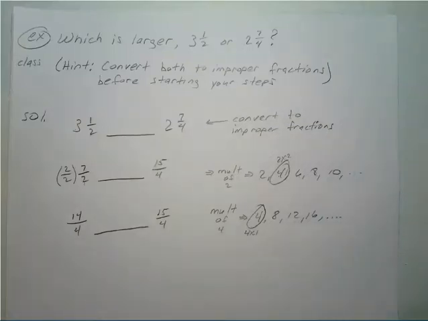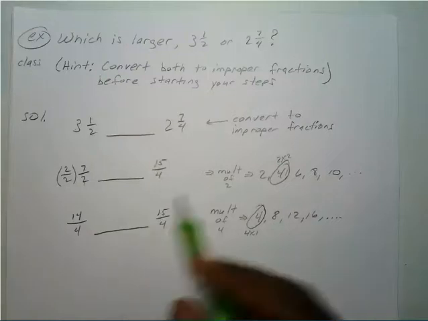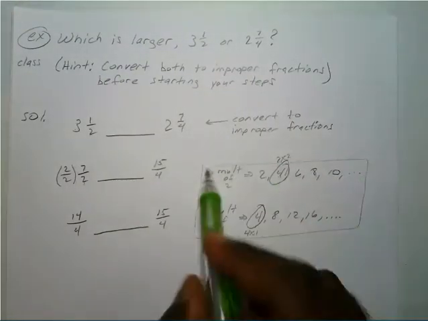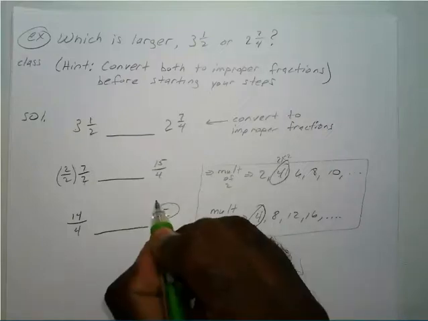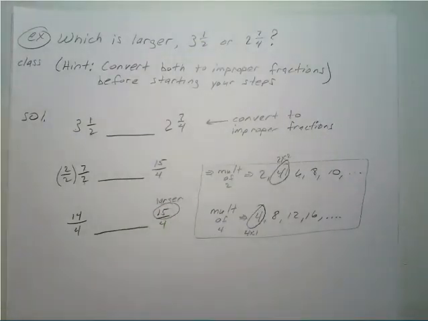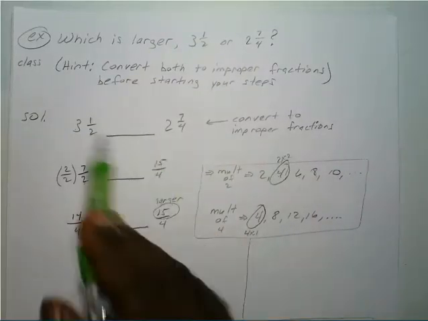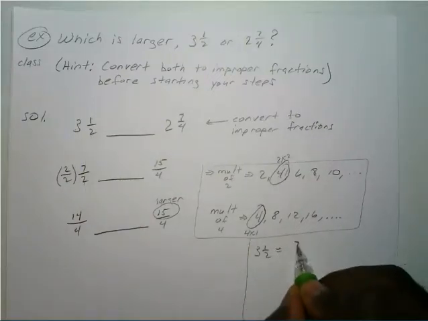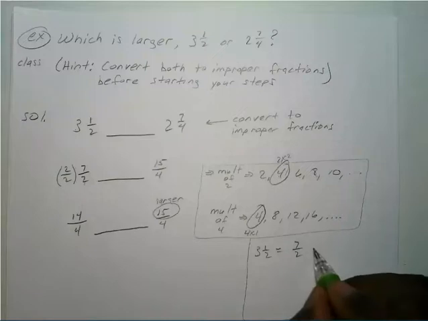So now we compare our numerators. And we see here, let me kind of box this off a little bit, this is the larger of the two numerators. All right, so we have to remember that 3 1/2 is equal to 7 over 2, which is also equal to 14 over 4.